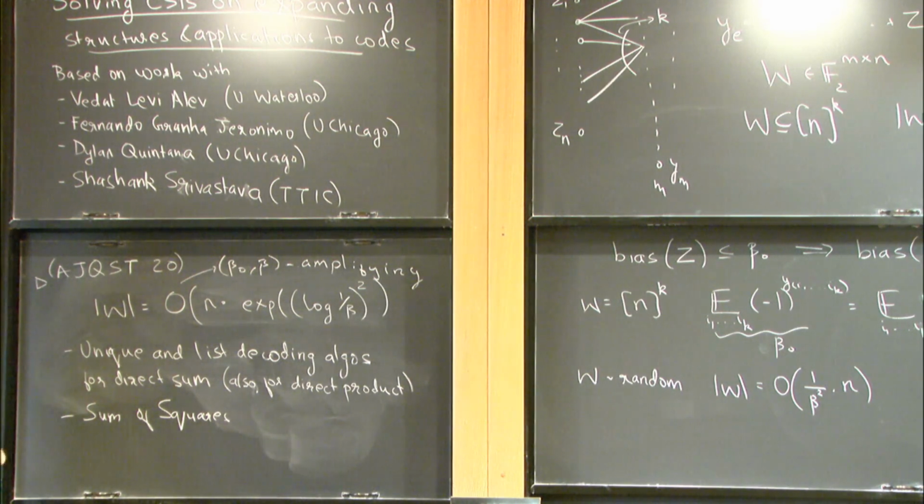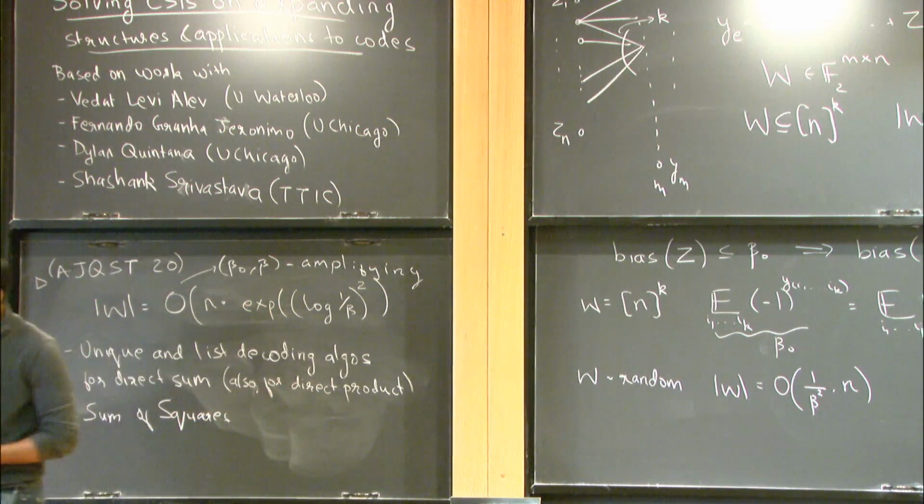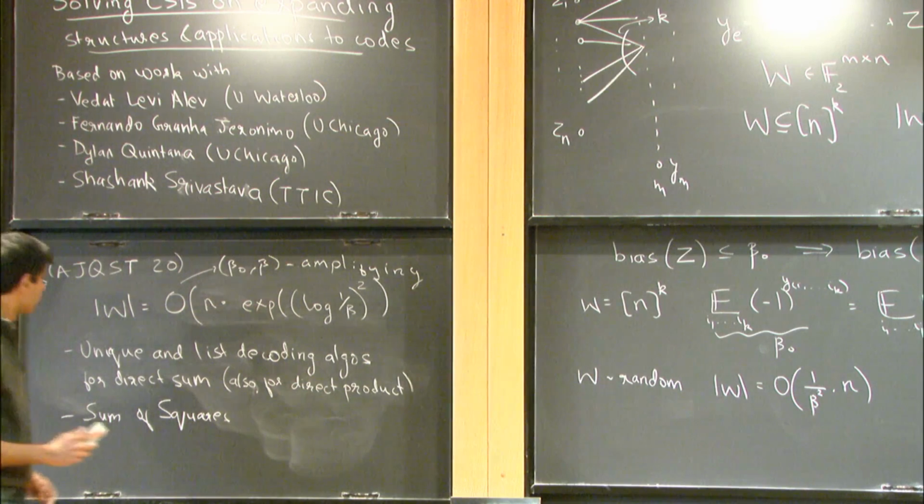I just want to show that framework and then say how we can tune the parameters. And also mention a general condition under which this framework can be instantiated, which I'll get to as we proceed.